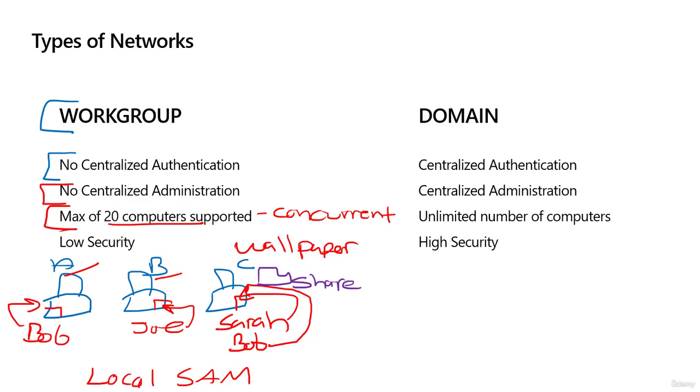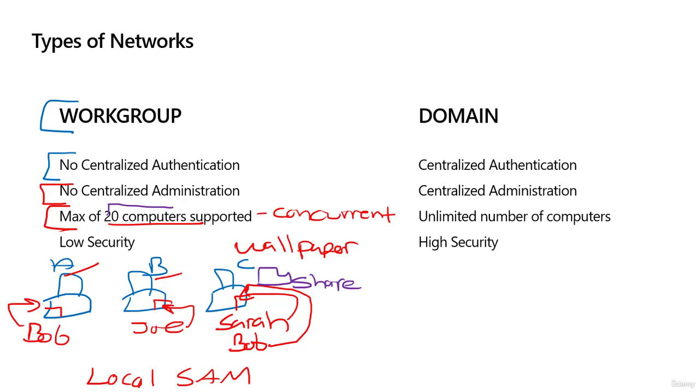So if Joe were to connect, Bob were to connect, you can do that, but it can never exceed 20 because Microsoft said so. If this were Windows Server 2022 or any Windows Server operating system, you could have an unlimited number of users connect to that share. So Microsoft just set this cap of 20 concurrent connections.